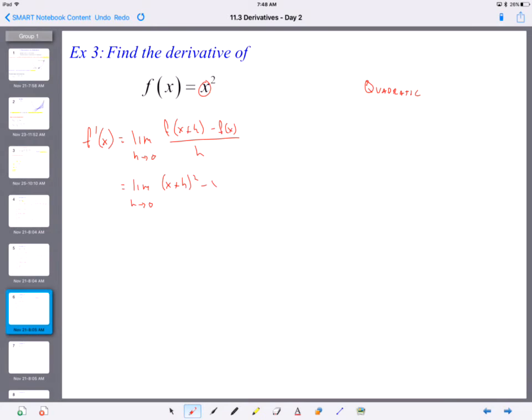And then minus f of x, which is just x squared. Alright, so this is equal to the limit as h approaches 0. Oops, forgot one thing here. How about we divide that by h? And then we need to simplify this. Well, what's x plus h squared?